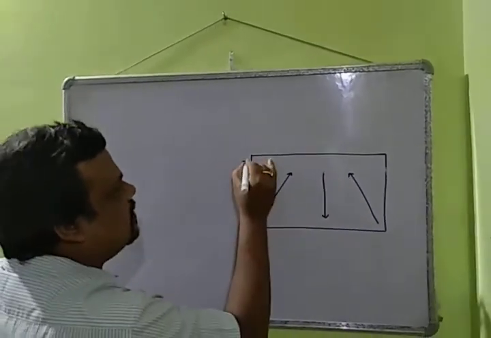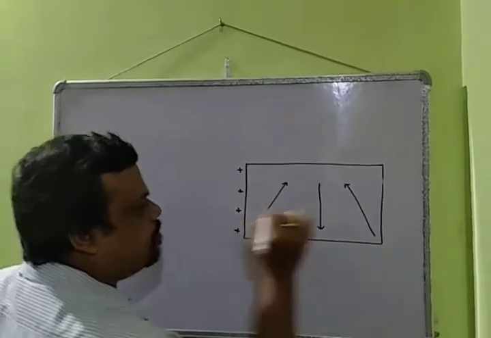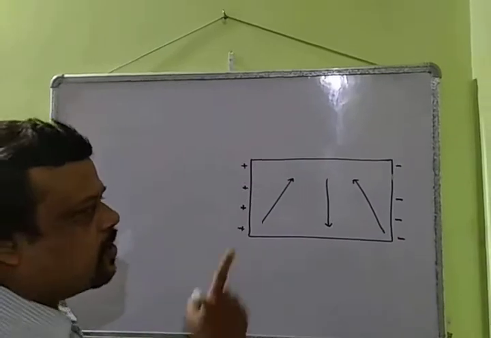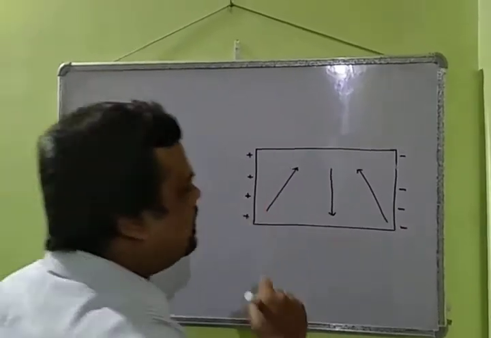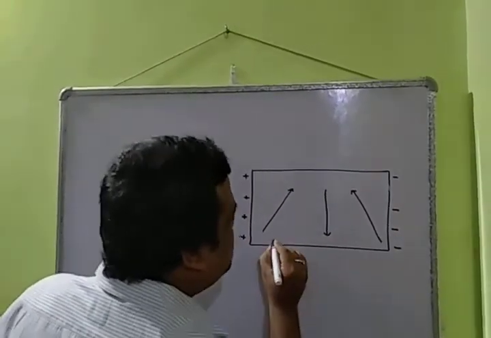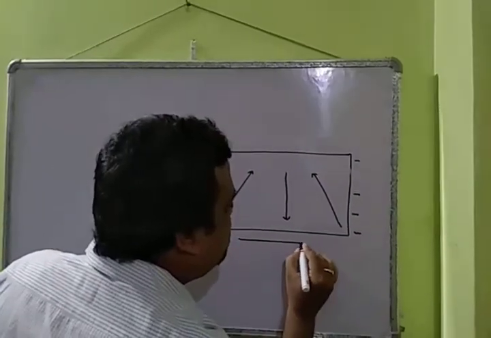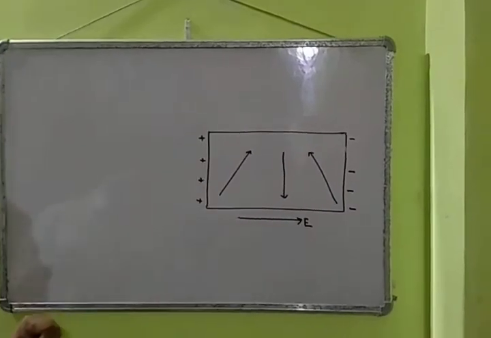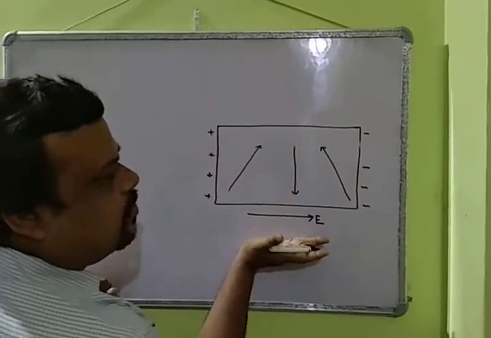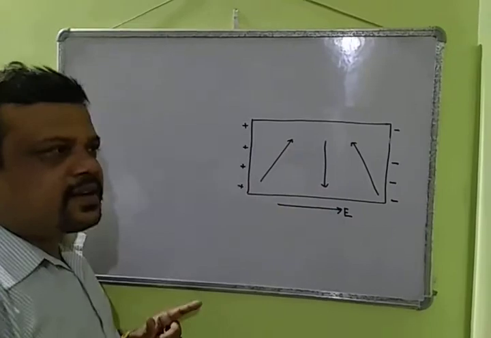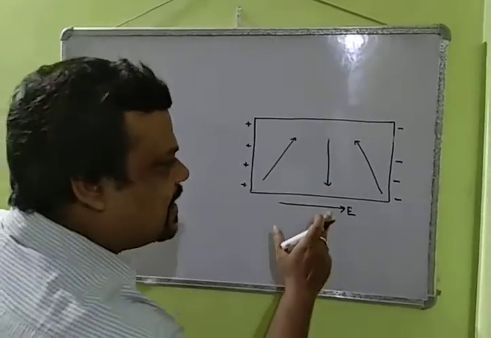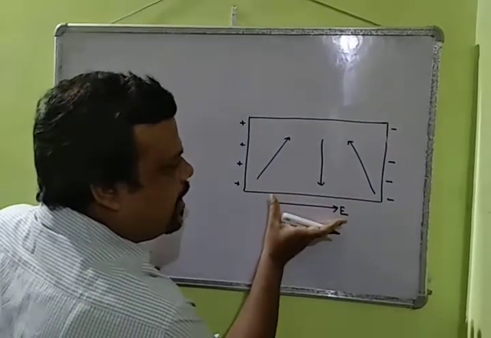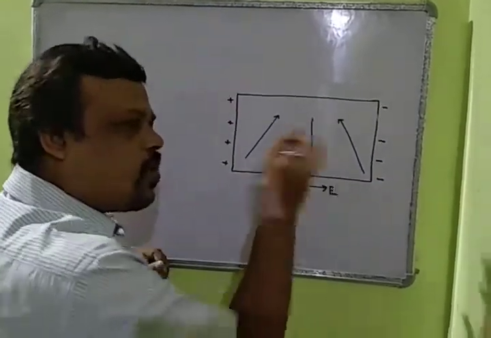So these are the directions of thermal velocity of electrons. Now let this be the positive charge and this the negative charge. If we apply an electric field, what is its direction? The electric field direction is always from positive to negative. So let's say this is the direction of the electric field. Now this electric field will apply a force. We must understand charges cannot apply force; the electric field applies the force.